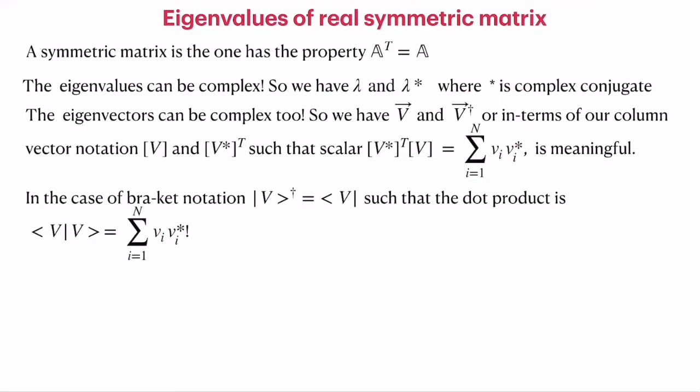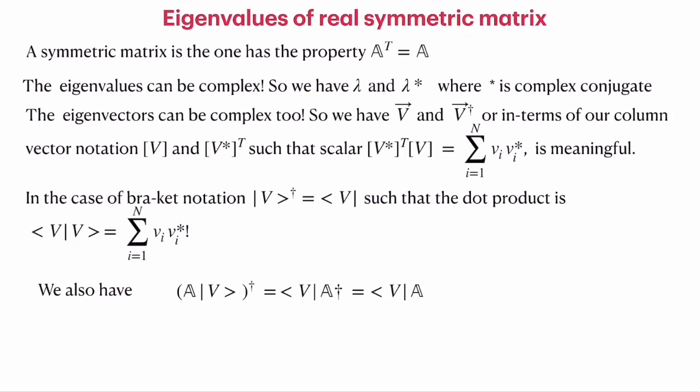Everything is built into it because it is suited for the complex vector space. A ket incorporates transpose as well as complex conjugation, so that the dot product v dot v becomes the sum over i from 1 to n of vi star vi.